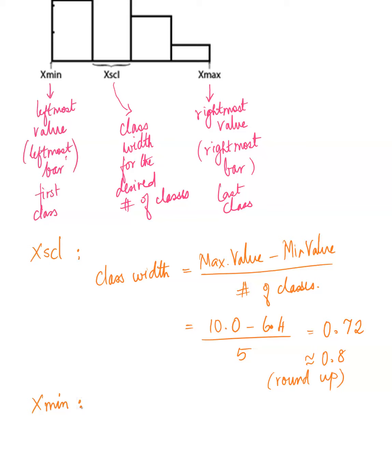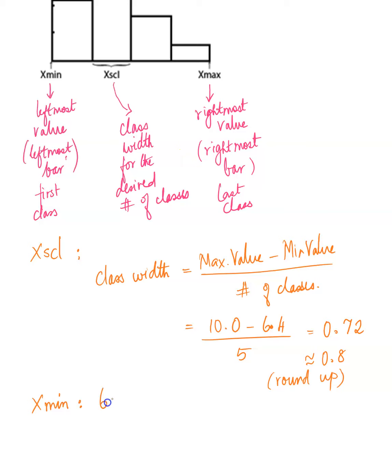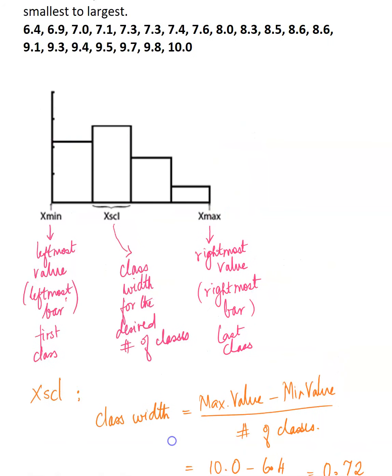So when you actually go to your window in the calculator, that's where you'll be entering these values. So it's meant for that. Okay, X min is your minimum value, which is 6.4, and X max is the maximum value, and so that will be... now X max you can use the 10.0, right?